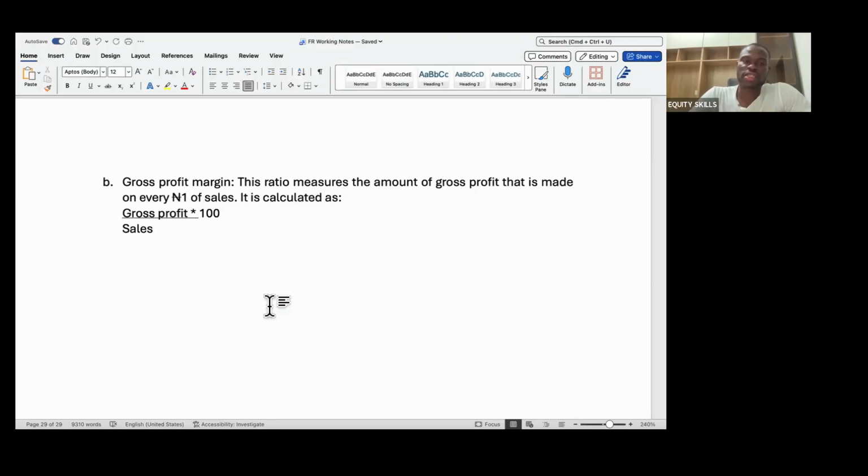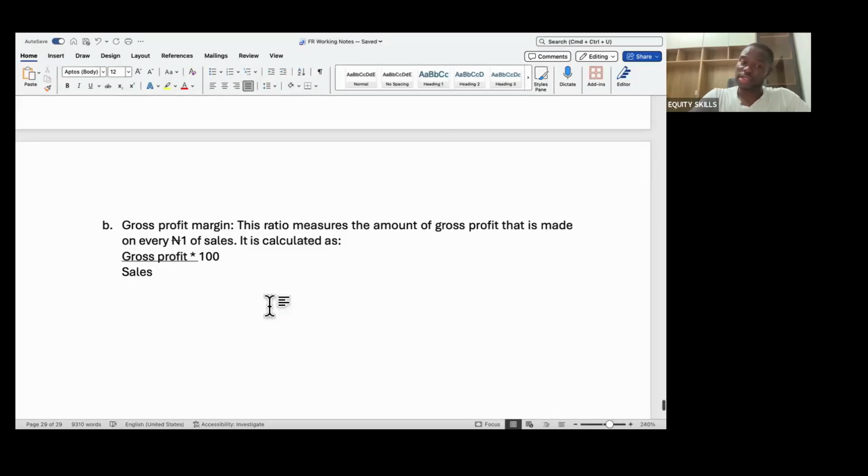If you express that as a percentage, that's your gross profit margin. It's usually expressed in percentage, and of course, the higher the better for this ratio.